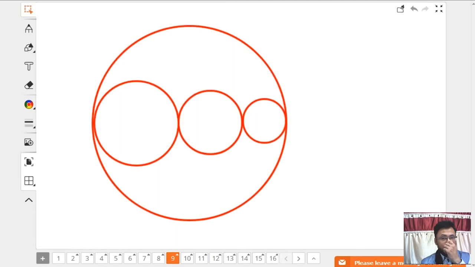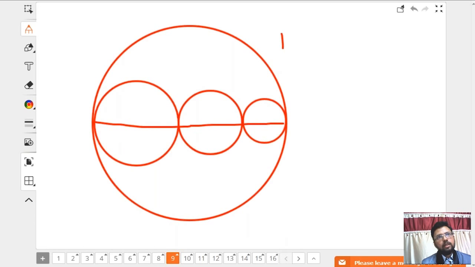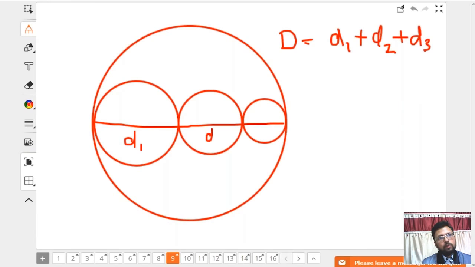Okay. Now, what is the diameter of the bigger circle? This diameter of each of the circles put together. Correct. So total diameter D is equal to D1 plus D2 plus D3. Correct. This is D1, D2, D3.